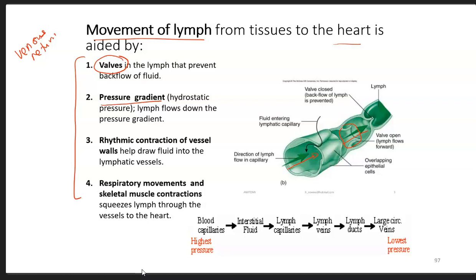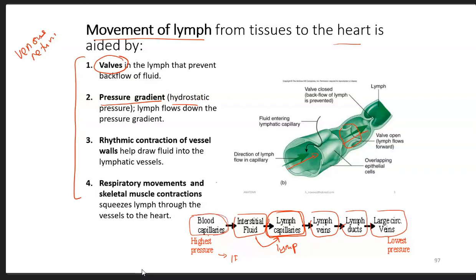So it returns the excessive fluid into the lymphatic capillaries. Okay, so this interstitial fluid enters into the lymph capillaries to become lymph, and then flows into the lymph veins and then lymph ducts and then joins into the large circulatory veins.